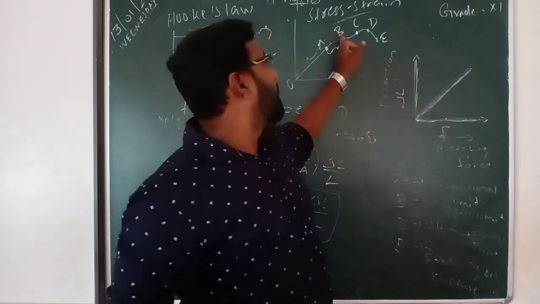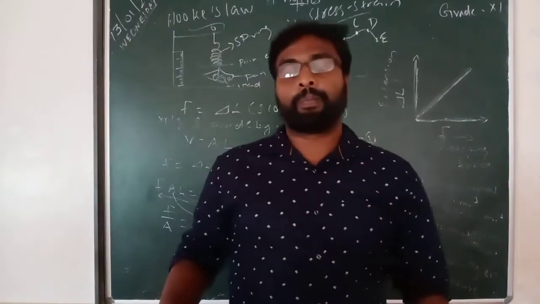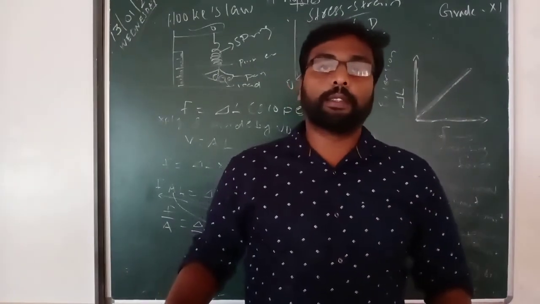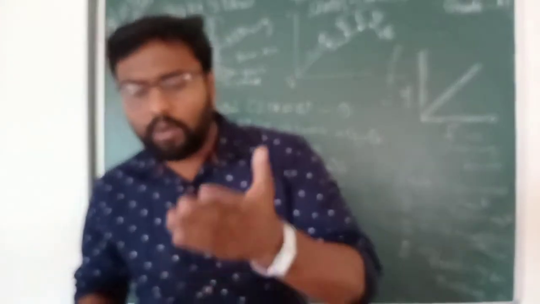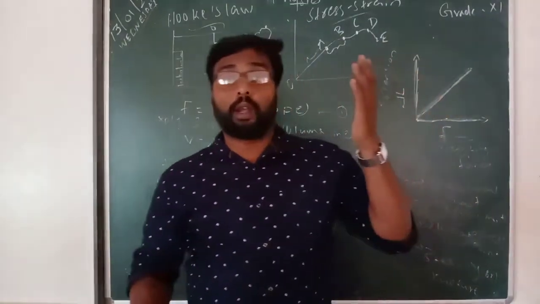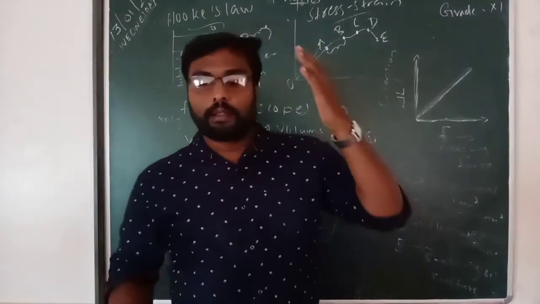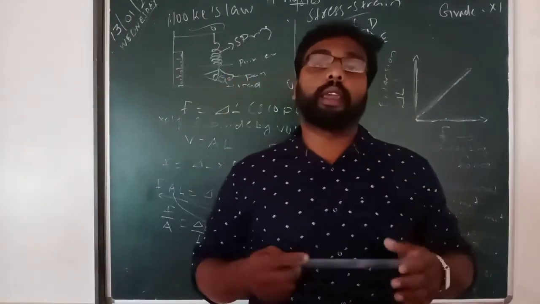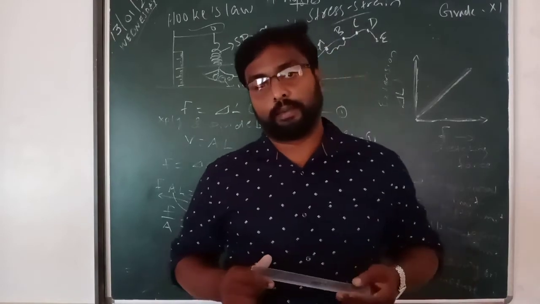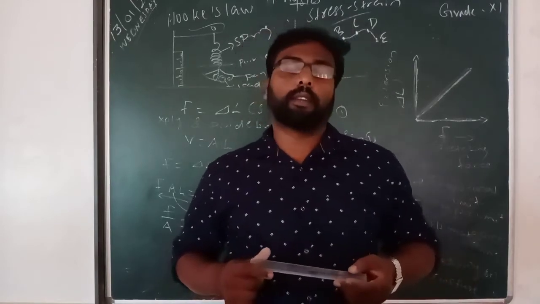That is what part BC. Portion BC, strain increased more. So what will happen means beyond the point B, stress increases and the wire will not regain its original length. That is what I said.